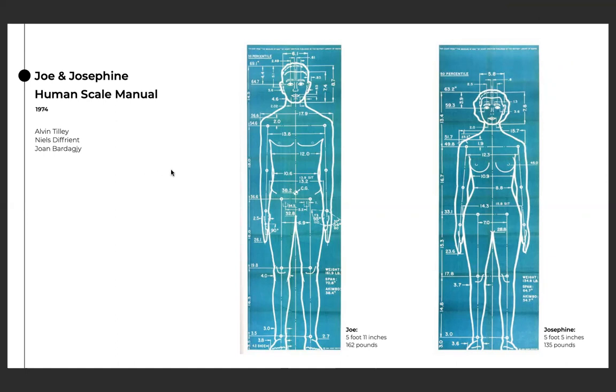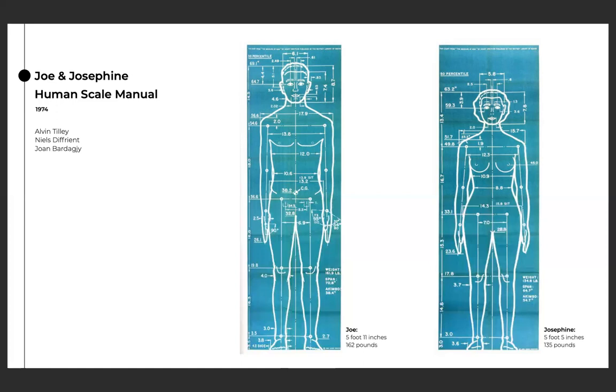So, the Human Scale Manual. This was a compilation of body measurements that was published in 1974, with men's measurements coming from the military and women's measurements coming from the fashion industry.